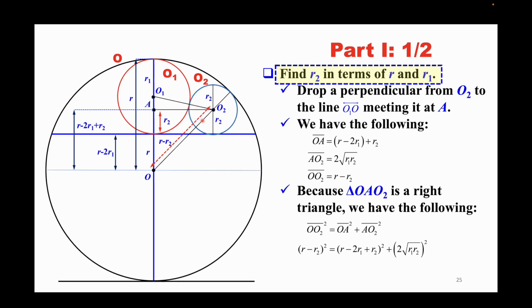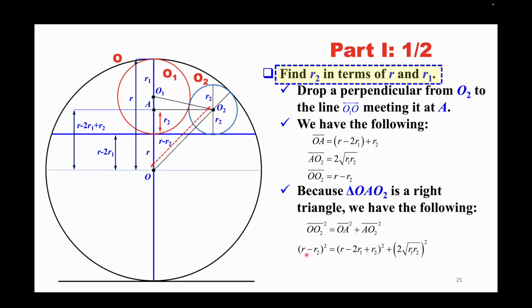And OO2 is the radius R minus the radius R2. Now, because this triangle is a right triangle, we have the square of OA plus the square of O2A is equal to the square of OO2 here.